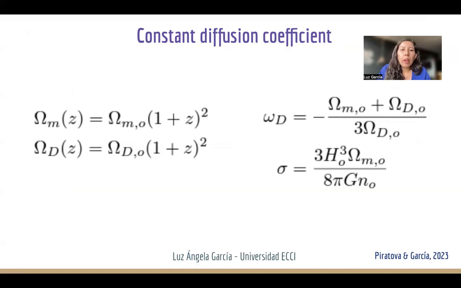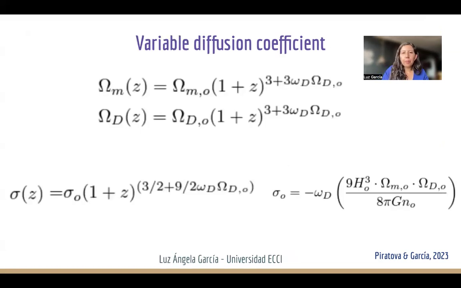And again, we recover this evolution for the energy fractions that are quadratic in redshift. Yet again, the equation of state and the term sigma are going to be fixed by the energy fractions of matter and the diffusion term today, and also H naught.